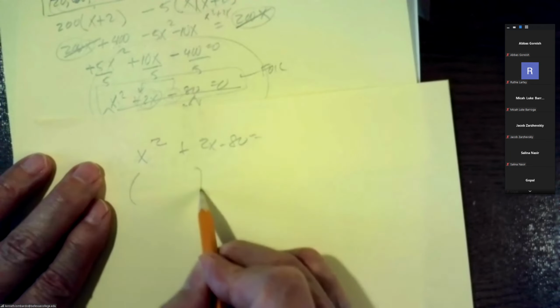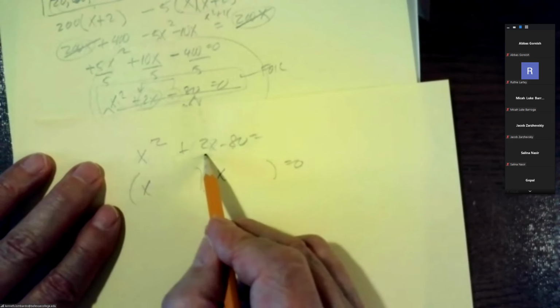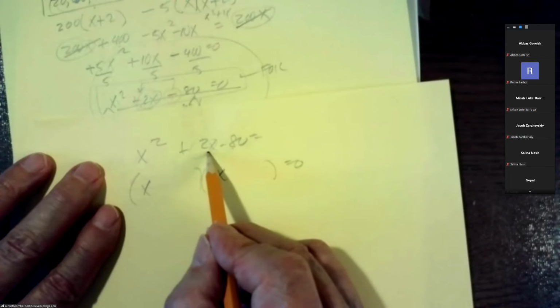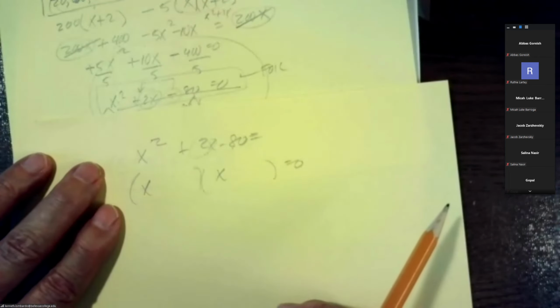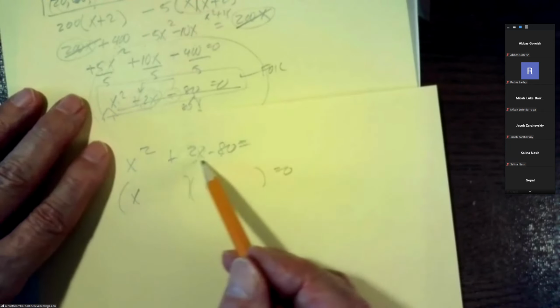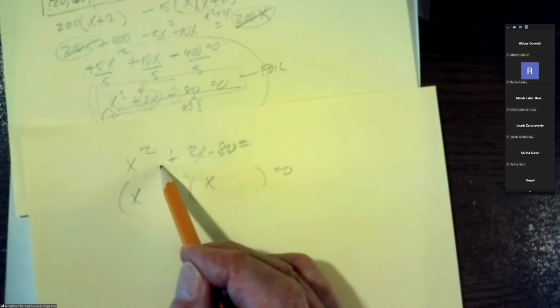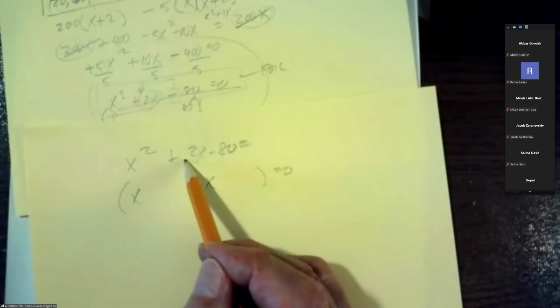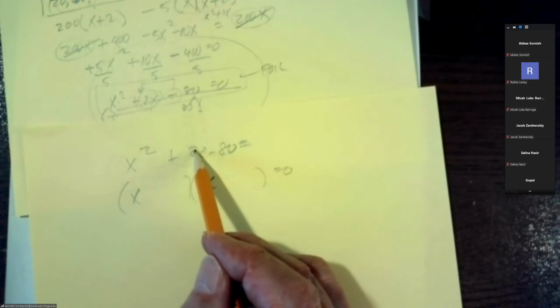We factor this incorrectly. x and x, we need a 2 here. I have the answer. Well, you hang on to that answer. We should be able to generate your answer here. Let's see. This should be x plus, no, is this a 2? That's not a 2, is it?